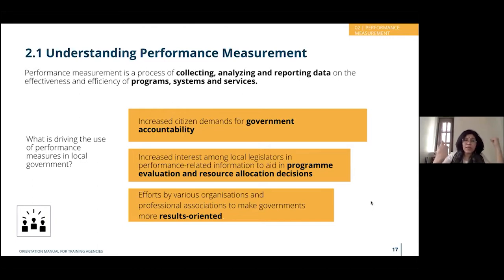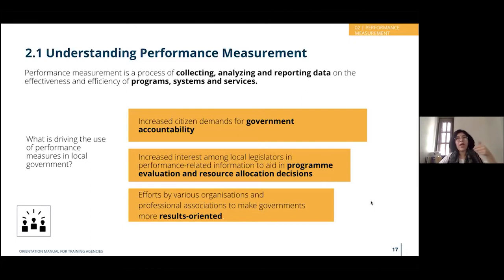Why? What is driving the use of performance measures in local government? Essentially, the first is that more and more people are demanding accountability from government, right? If a government goes ahead and builds, let's say, a flyover or a BRT system, people are becoming aware and asking, where was the need? What drove you to take the decision?